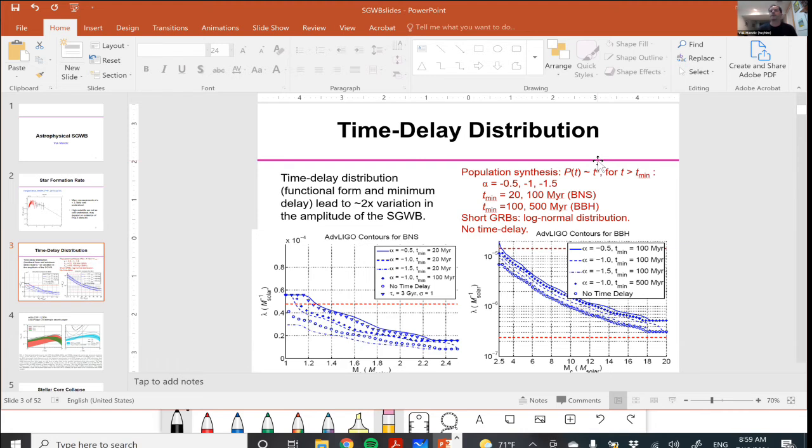But if you want to be consistent with population synthesis models, then that will force you to keep your time delay distribution relatively close to 1/t. And in that case, the variations in omega are at the level of factors of 2, not much more than that.